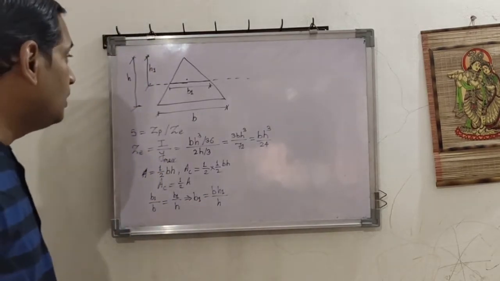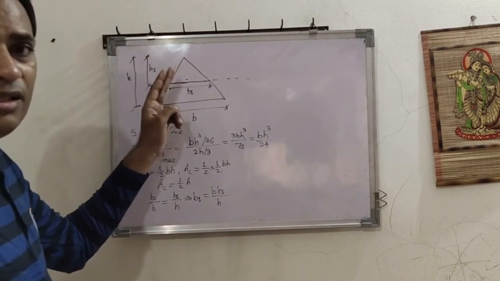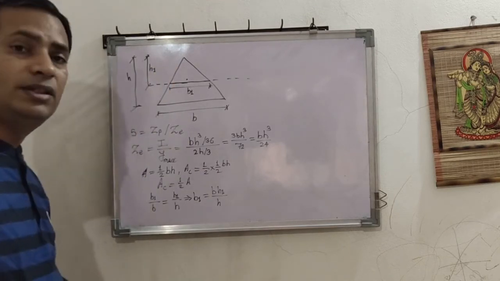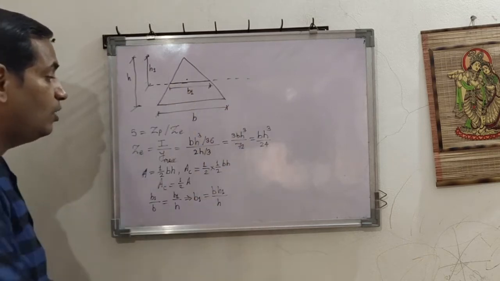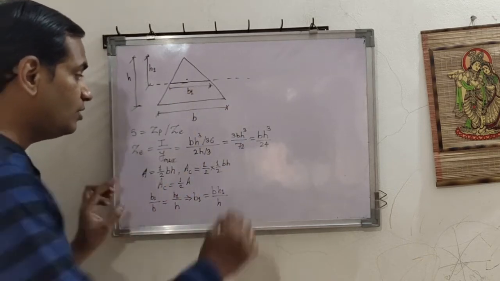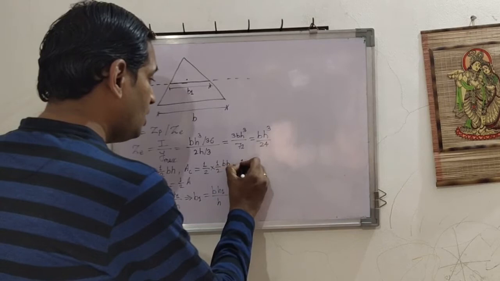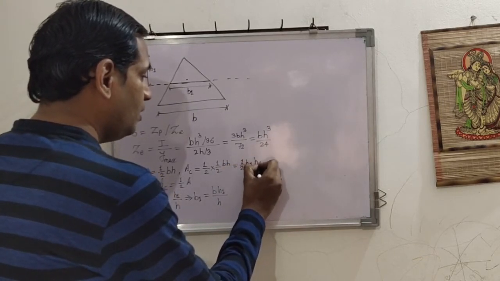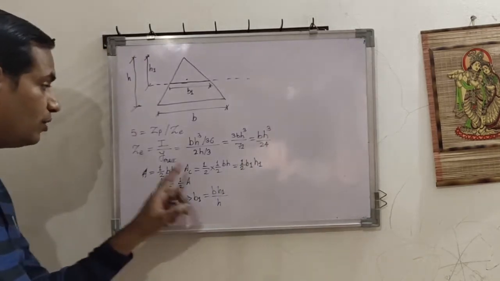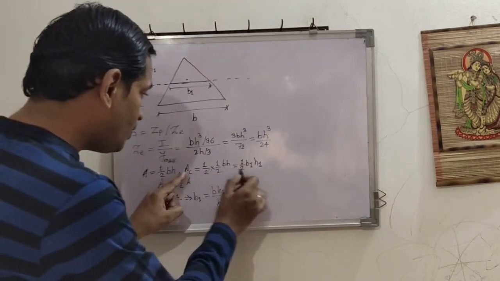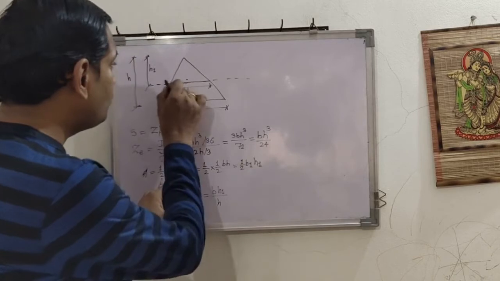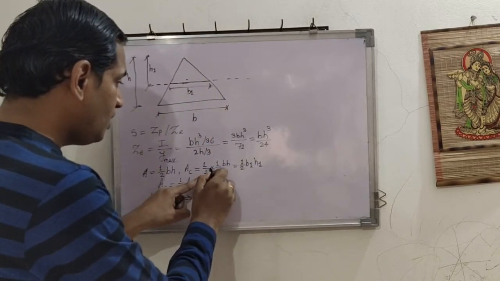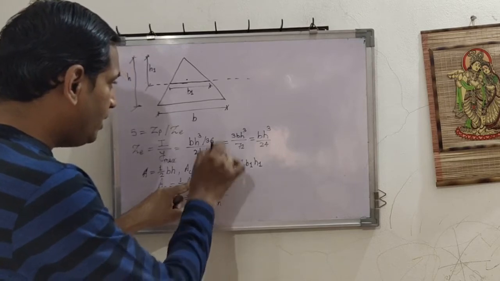Now the compression area is half of the total area. How much is the compression area? Either this or half b1 h1. That is what we have said. Area in compression zone is half b1 h1. It is equal to half of the total area.